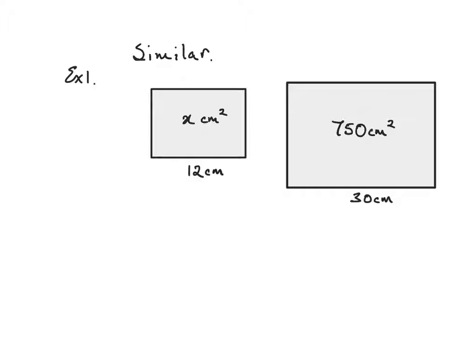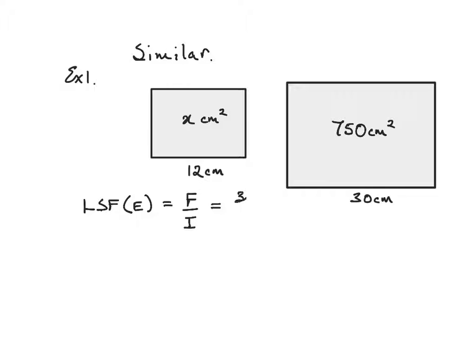You may be saying to yourself, we've only got one dimension, we've only got the length, so how can we calculate area? Well, we've seen that there is a connection between the area scale factor and the length scale factor. To calculate the length scale factor, we really only need one side in each shape, as long as those sides correspond.